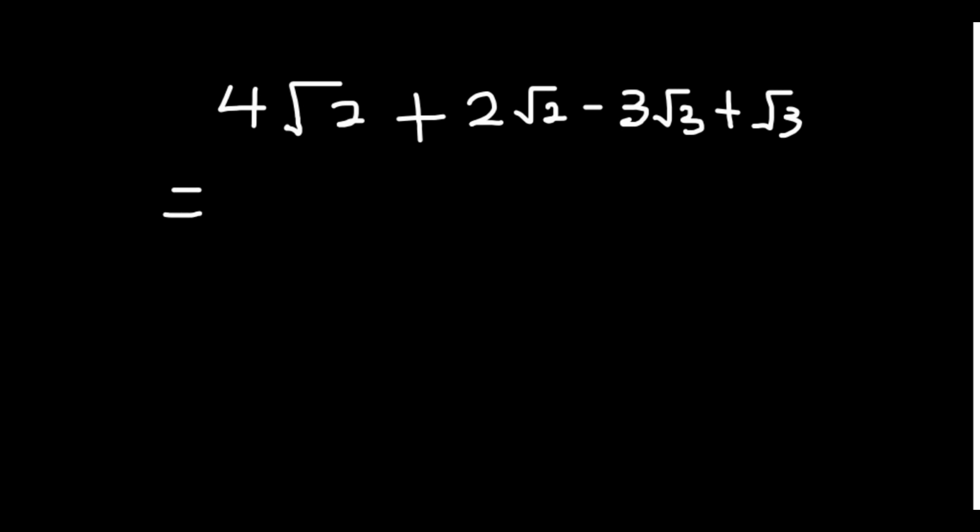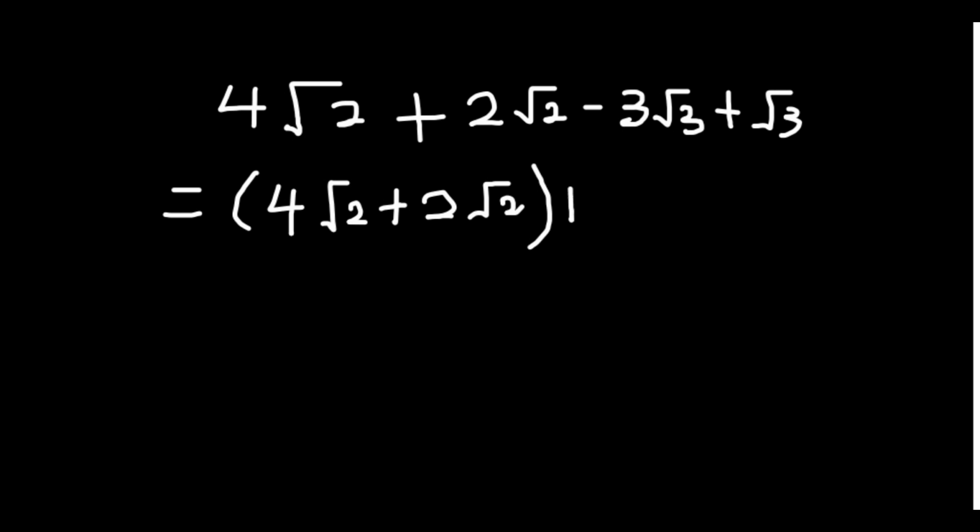Here we have this equal to, by grouping the like terms, 4 square root 2 in brackets plus 2 square root 2, then our plus sign, and in brackets minus 3 square root 3 plus square root 3.